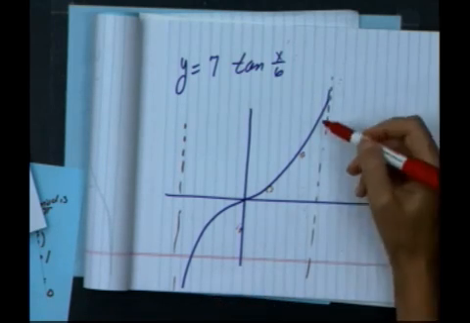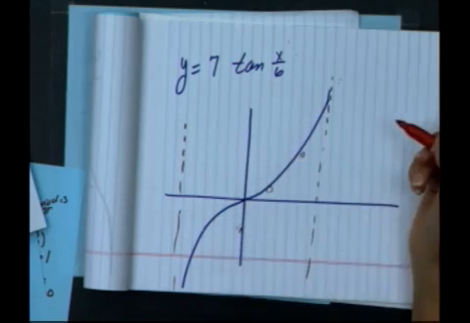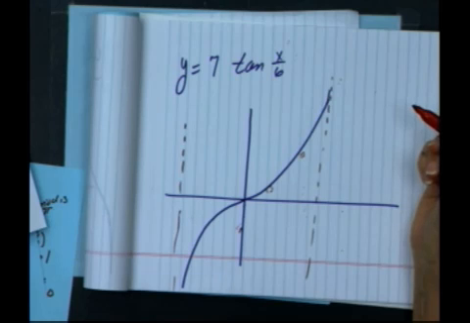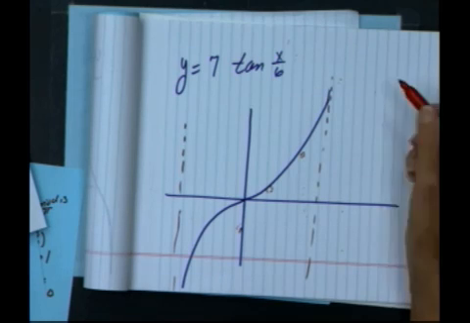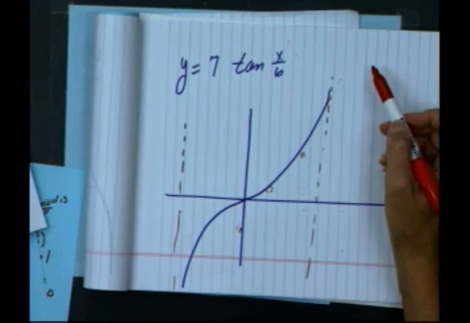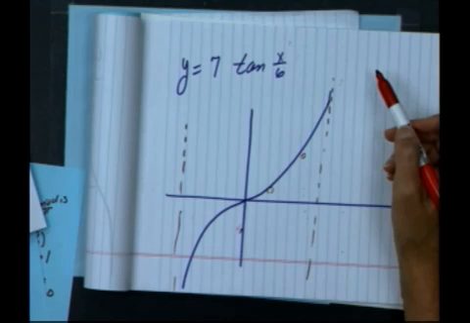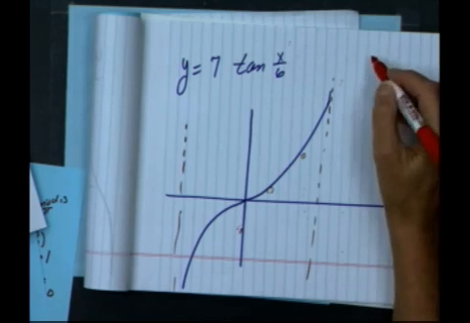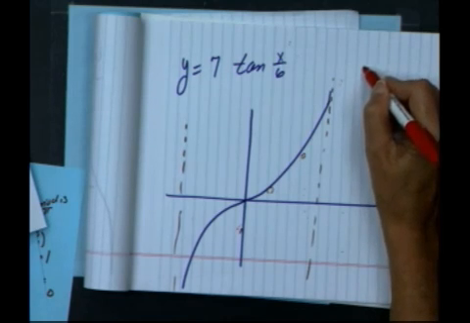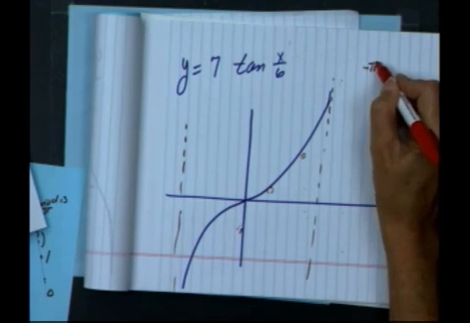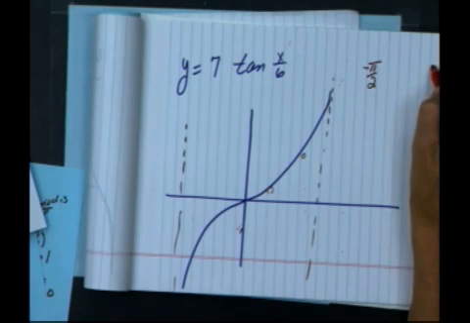How do you think we're going to find the equation very easily for these asymptotes? Would you consider going with my quick and easy method? The normal tangent curve has asymptotes at negative pi over 2 and pi over 2.